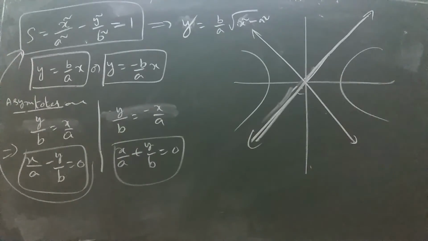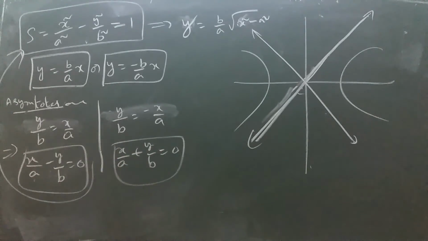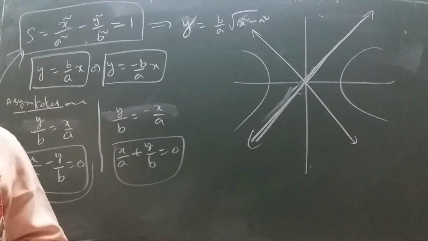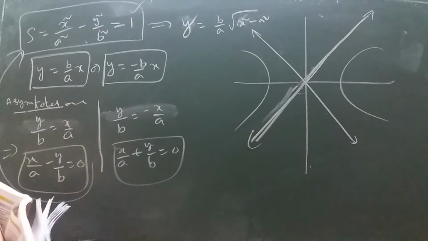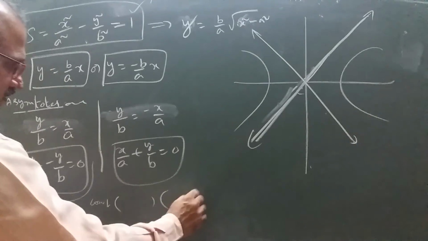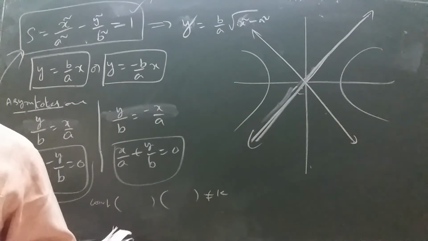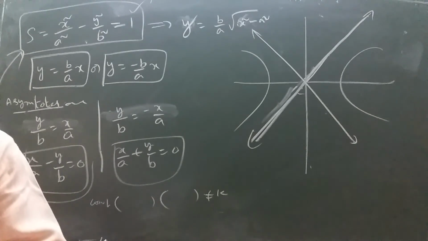What is the combined equation of asymptotes? (x by a minus y by b) into (x by a plus y by b), that is x square by a square minus y square by b square is equal to 0. That is the combined equation of asymptotes, and there is a constant k. If we know the asymptotes, then combined equation of asymptotes plus k is equal to 0 we can take for the hyperbola.